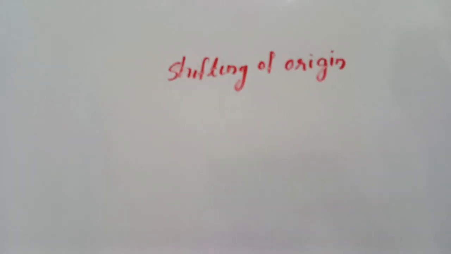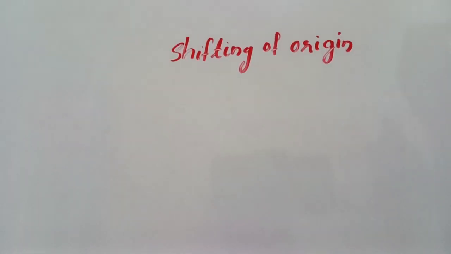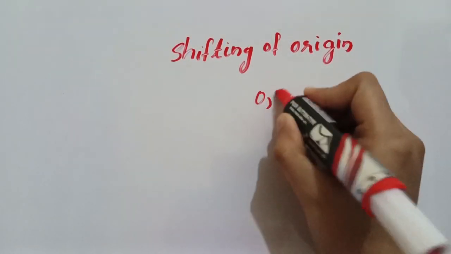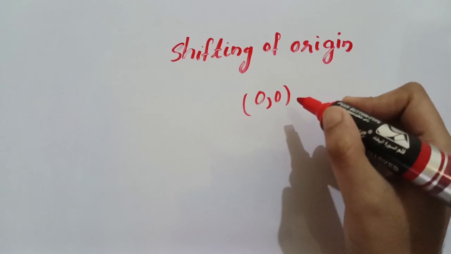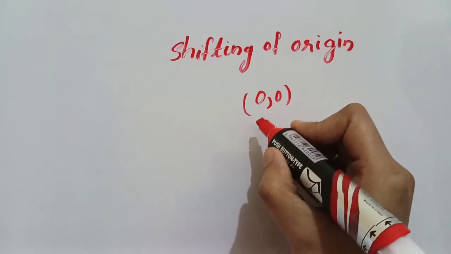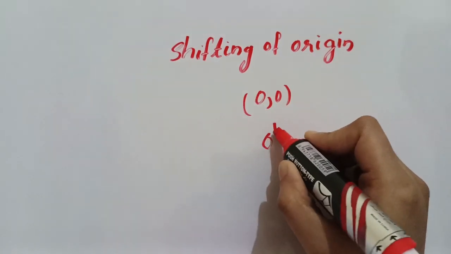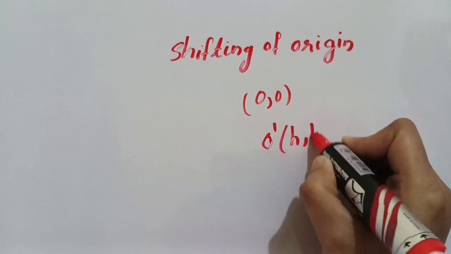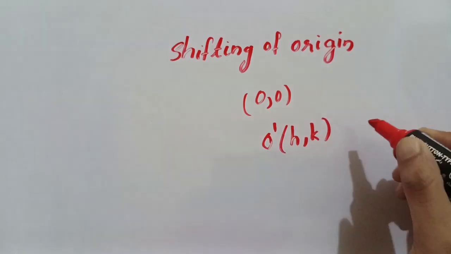Next, shifting of origin. Usually we have the origin at (0, 0). Now it is shifted to the point O' (h, k).